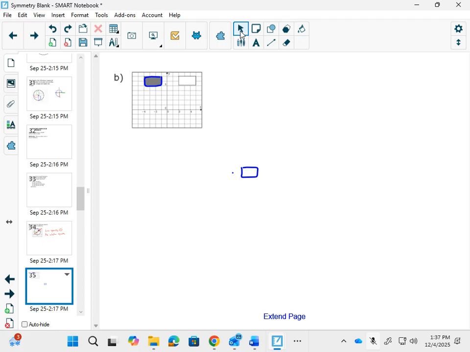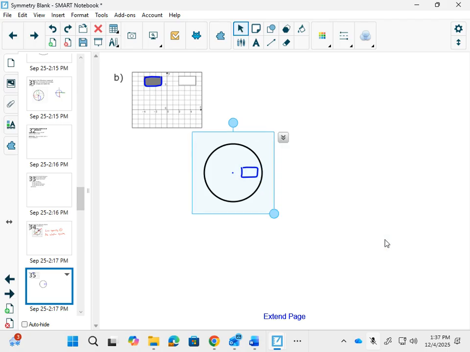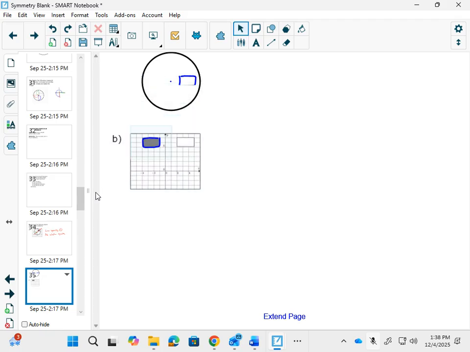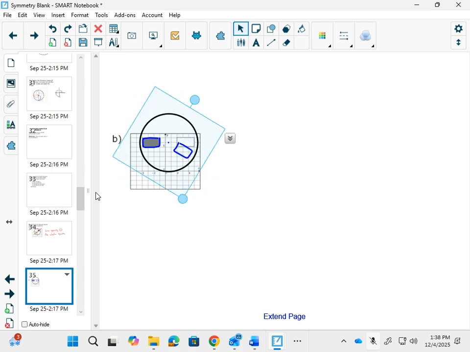Take out my circle. I'm getting pretty good at that. Oh, but now it's too high. I got an idea. There you go. So it looks like it has rotation symmetry.